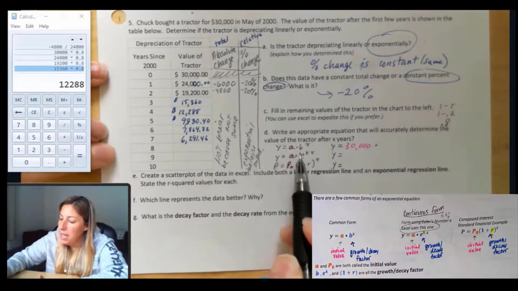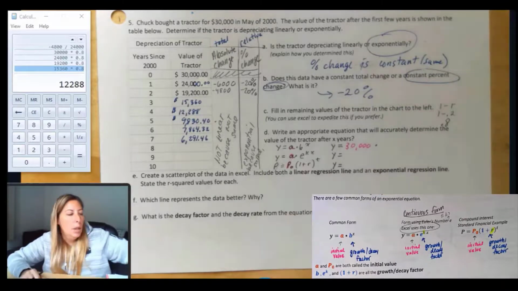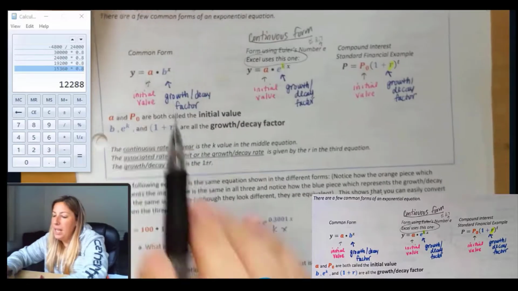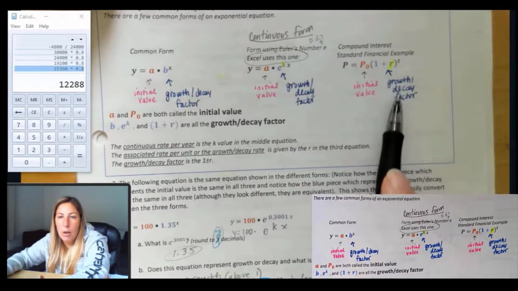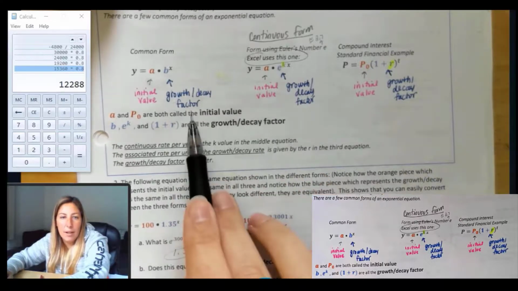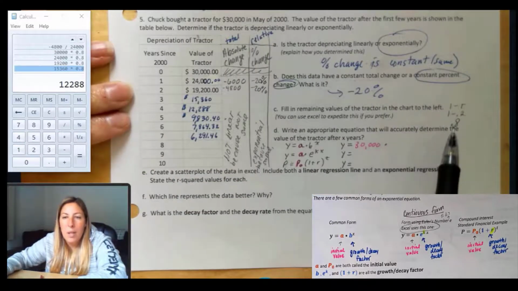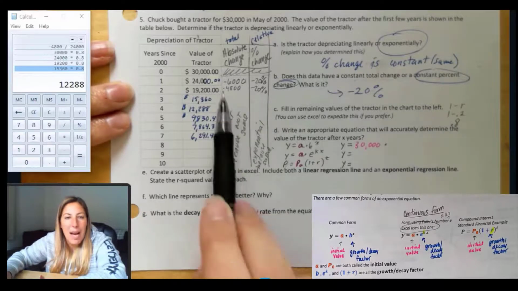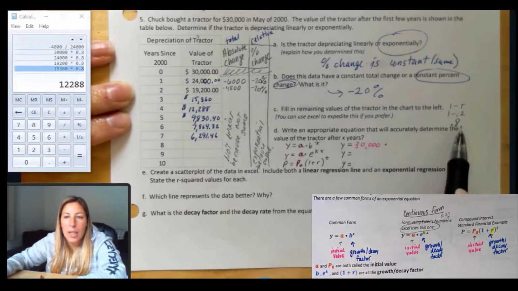By whatever my B value is. What's my B value in this equation? Remember, the B value, the e to the k power, and the 1 plus R value is all my growth or decay factor. So my growth or decay factor is going to be what? It's going to be that same thing that we multiplied by all these things to get the next number. It's that 1 plus or minus R value. So my growth or decay factor is going to be what? 0.8.